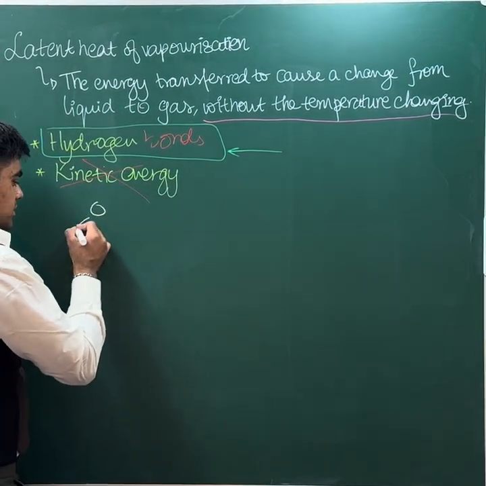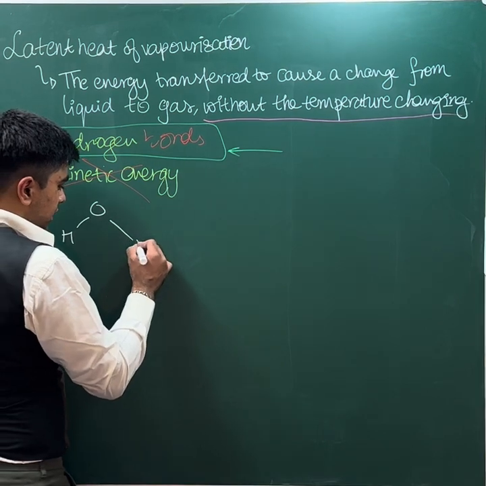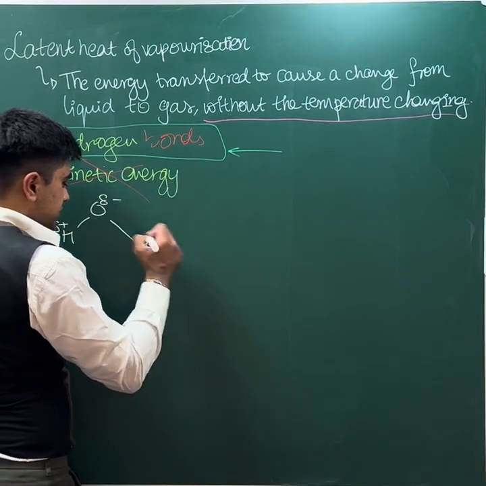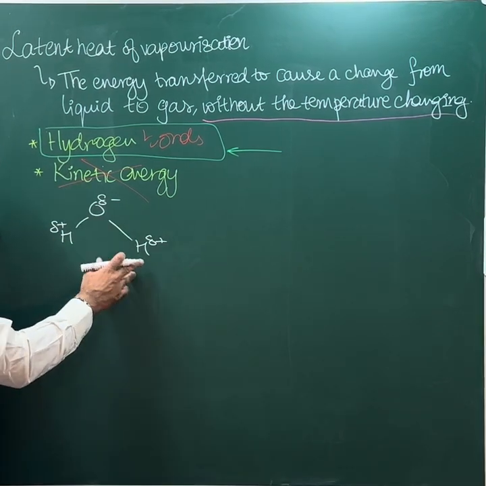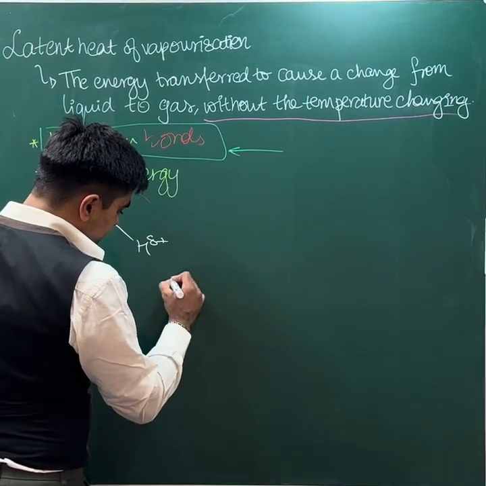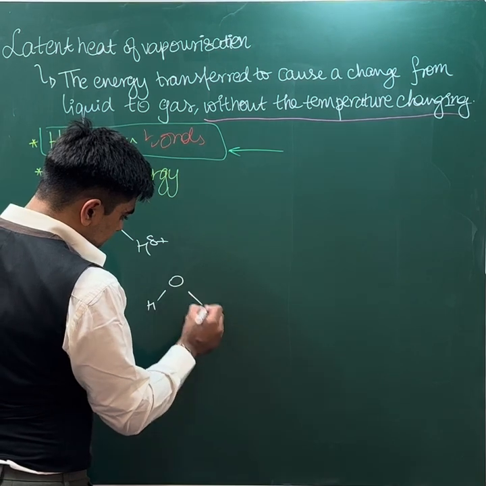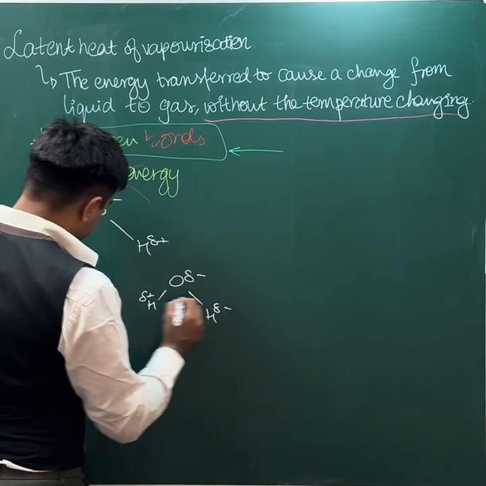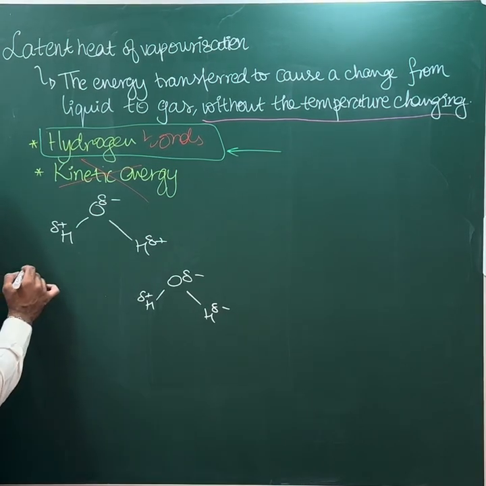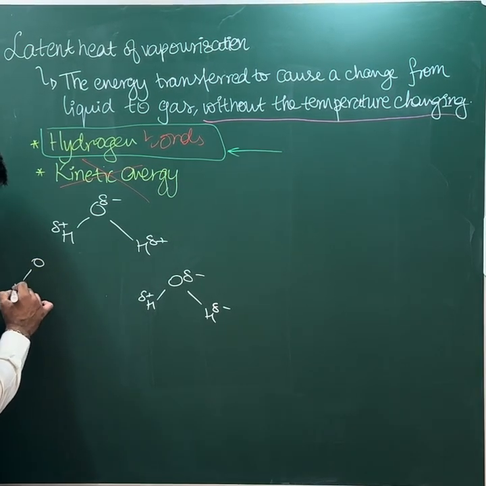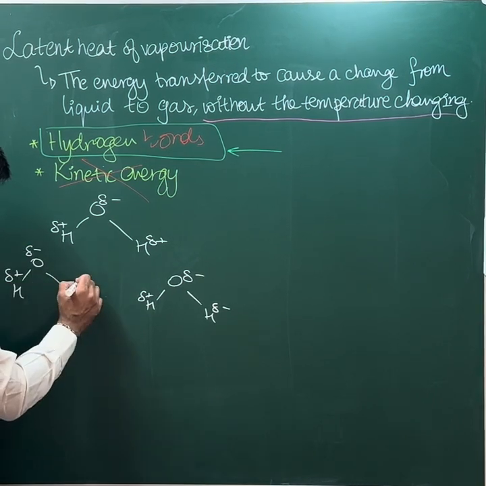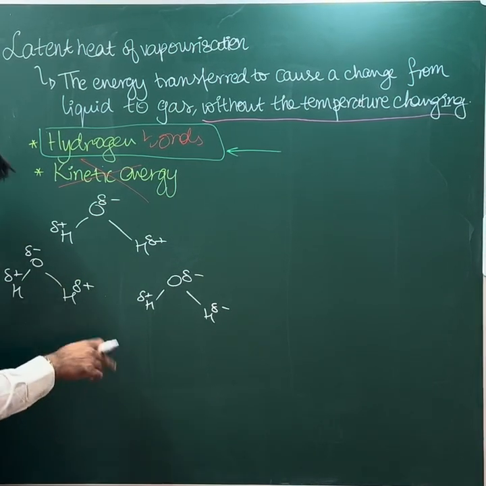We've got our oxygen, we've got our hydrogen, we've got our hydrogen: partially positive, partially negative, partially positive. Lovely, we've got another oxygen here, hydrogen there, partially negative, partially positive, partially negative. Another water molecule here, hydrogen there, partially negative, partially positive. Brilliant.